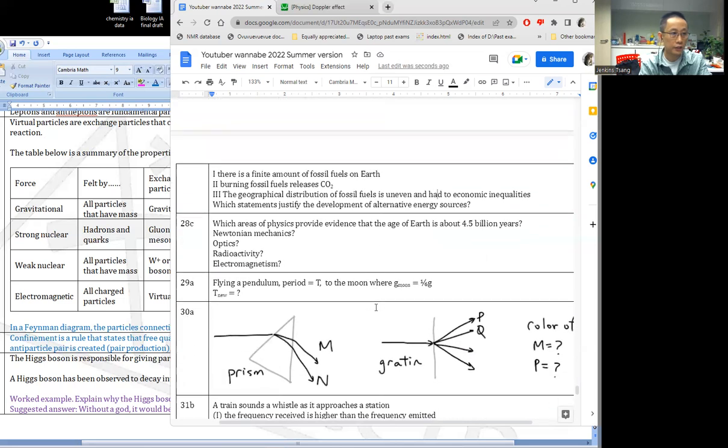Moving on, question 28 is a very weird question. The age of the Earth is given to be 4.5 times 10 to the 9 years, and then which area of physics provides experimental evidence for the age of the Earth? First of all, you need to recognize that Newtonian mechanics has nothing to do with the age of the Earth, and neither does optics.